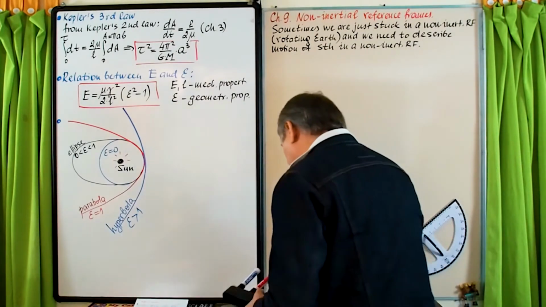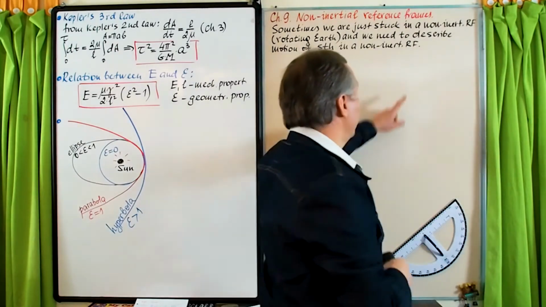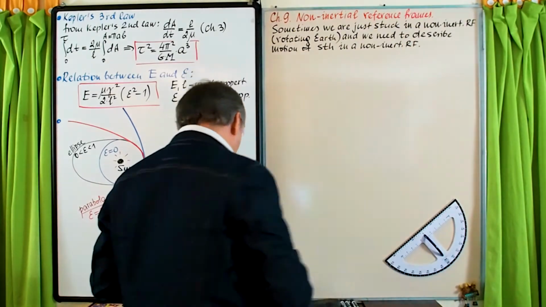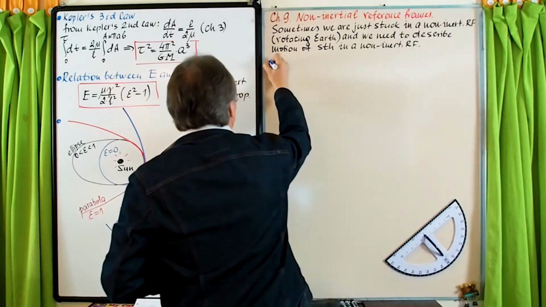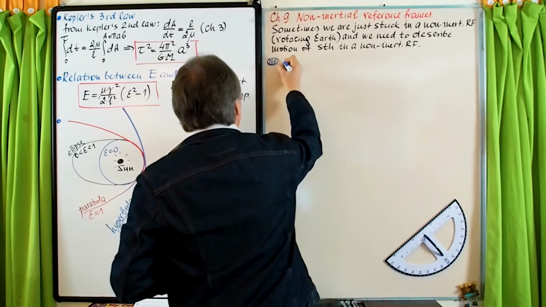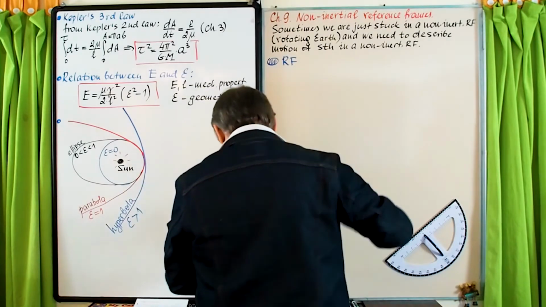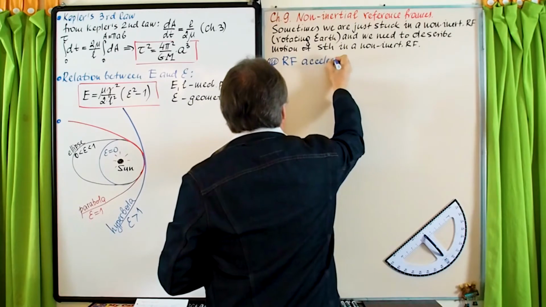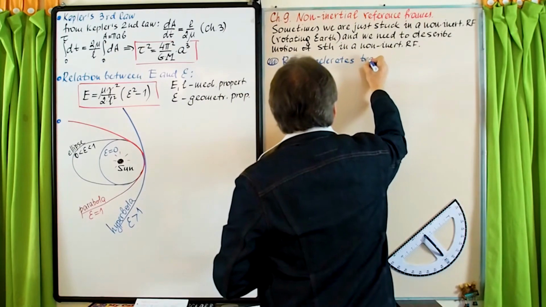So let's start with a reference frame. You remember my abbreviation RF, reference frame, not radio frequency. Probably I'll use blue. All right, so let me put a big bullet. So: RF accelerates translationally.